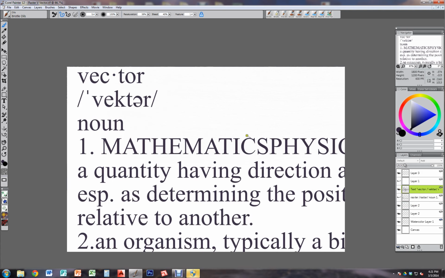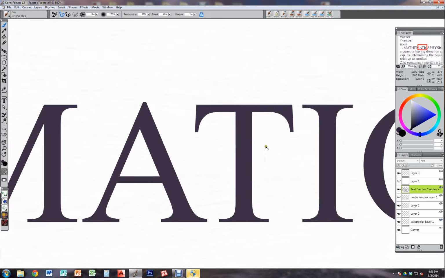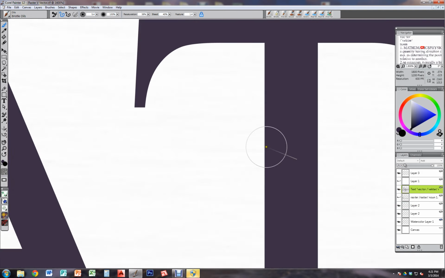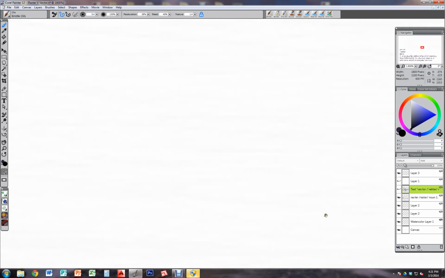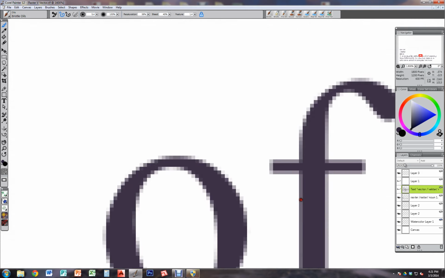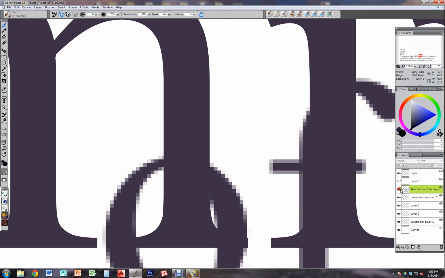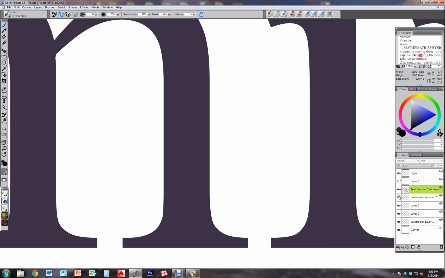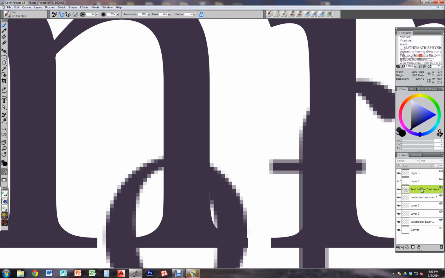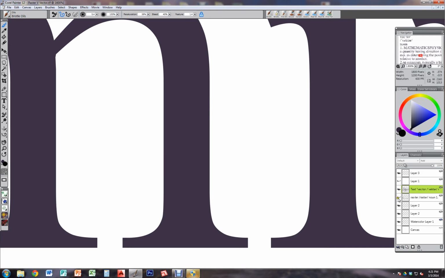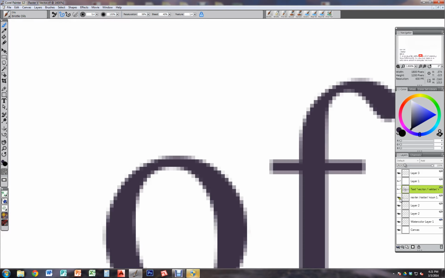So if you look at this text and we zoom in very close to it, you're going to see it has perfectly crisp edges, unlike the rasterized text, which does not have perfectly crisp edges. Remember, we looked at that way down here, and it has very odd edges. And the reason these two things have different edges is because the text is a vector and this other text is rasterized.